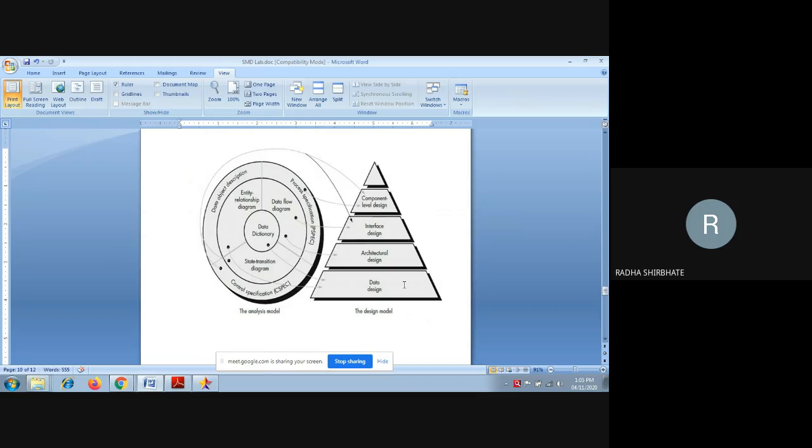Now this data dictionary is divided into three parts: the entity relationship diagram, the data flow diagram, and the state transition diagram. Under the entity relationship diagram, we define the different objects, different classes, and the relationships between them. Data flow diagrams define the flow of data: where we get the raw materials, where we identify the requirements from, and who provides the requirements to the system.